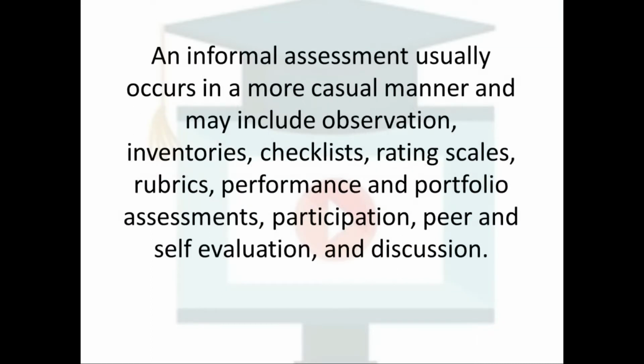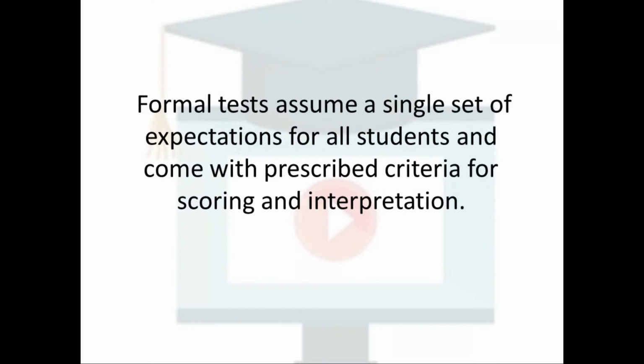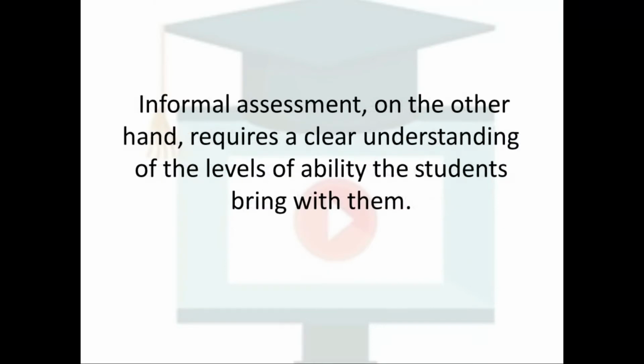An informal assessment usually occurs in a more casual manner and may include observation, inventories, checklists, rating scales, rubrics, performance and portfolio assessments, participation, peer and self-evaluation, and discussion. Formal tests assume a single set of expectations for all students and come with prescribed criteria for scoring and interpretation.